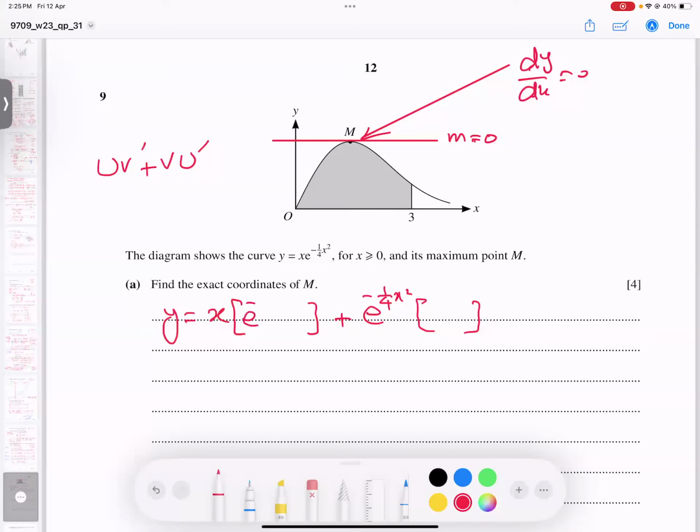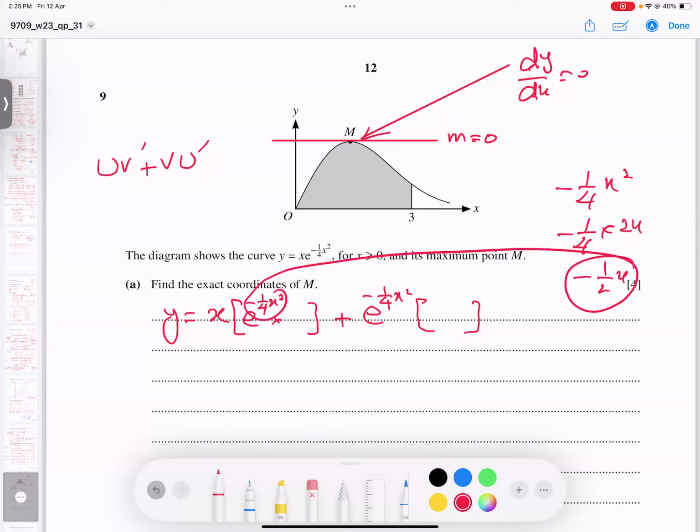First you keep the whole thing as it is, times the derivative of the power. The power is negative 1 over 4 x squared. Negative 1 over 4 as it is, and x squared becomes 2x. This cancels and we get a half x. So the derivative coming here is negative half x. And the derivative of x here is 1.